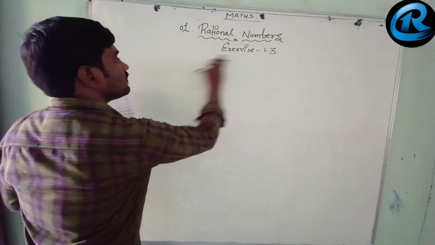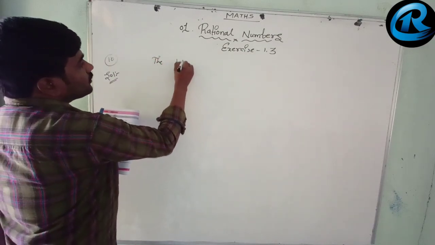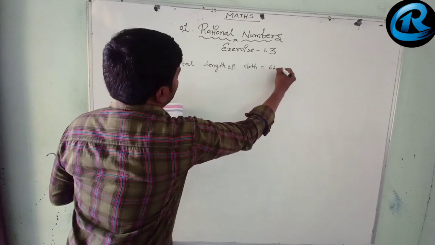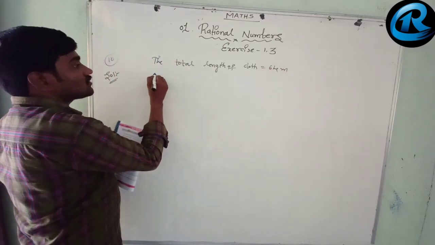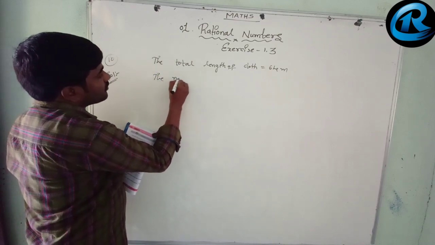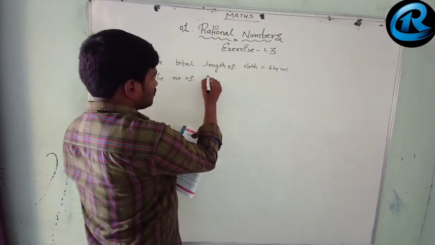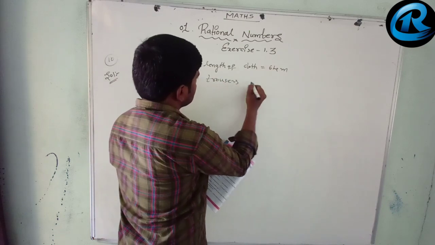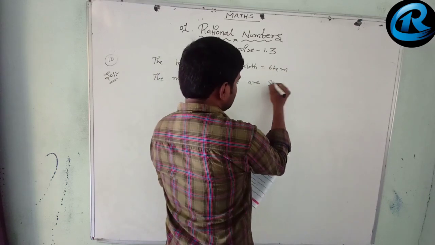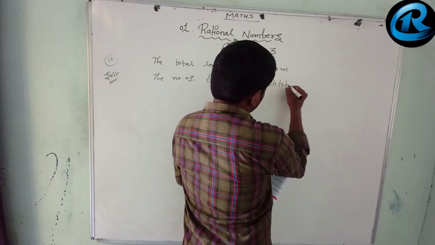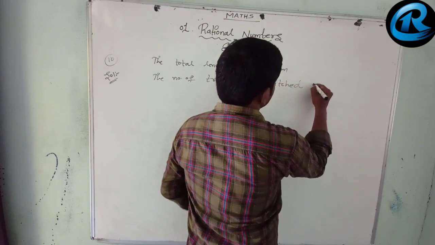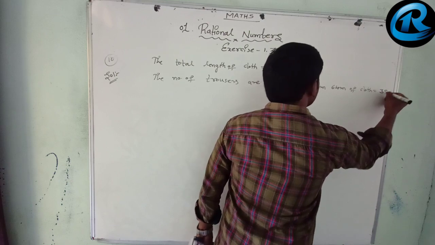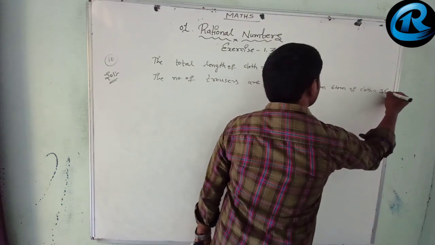Then here the total length of cloth is equal to 64 meters, and the number of trousers stitched is 36, but not 32, that is 36.